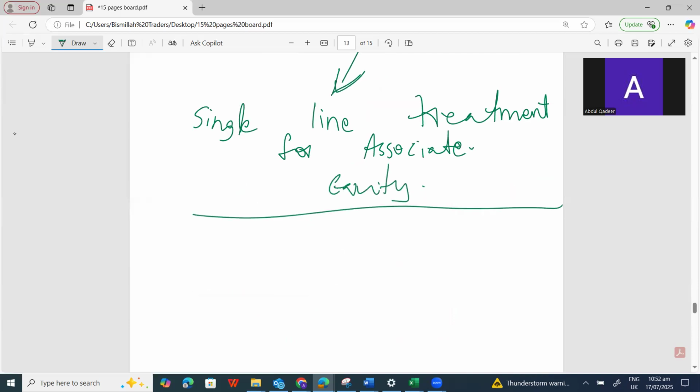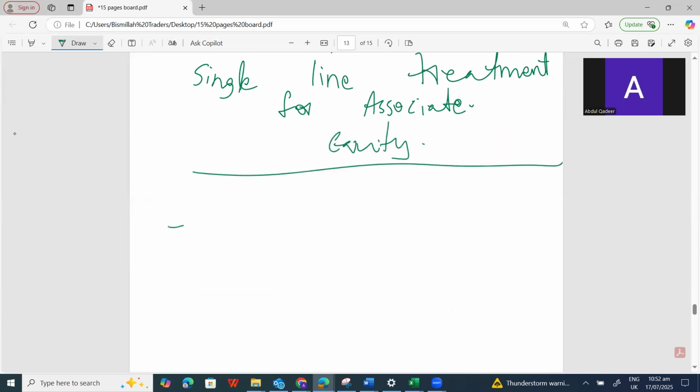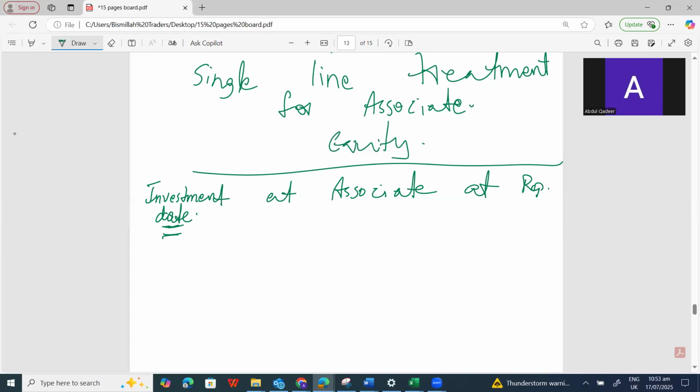For the associate, we need to calculate the investment in associate at the reporting date, and we put this under the heading of non-current assets.